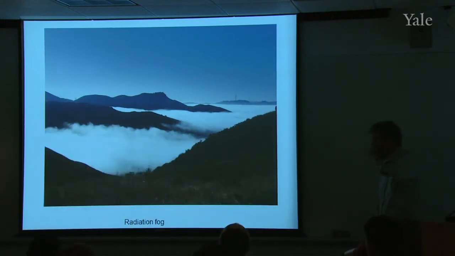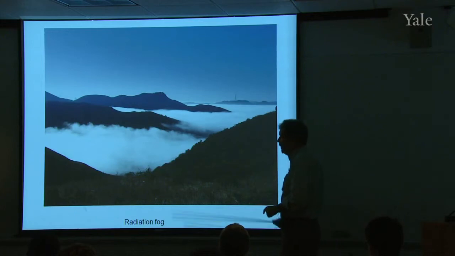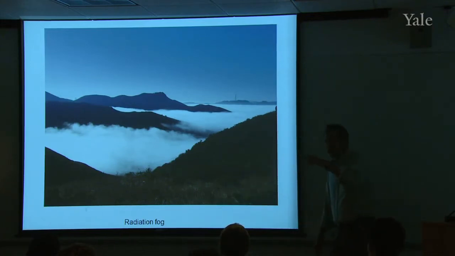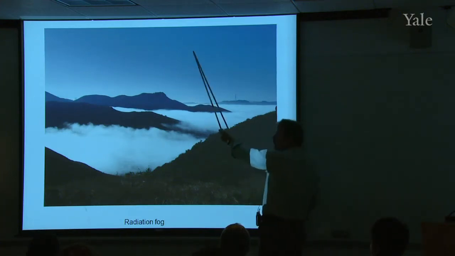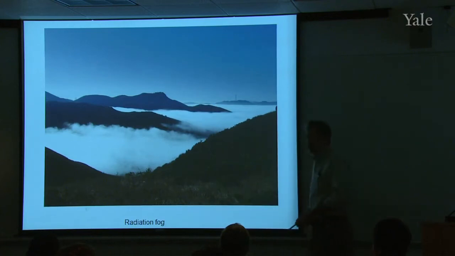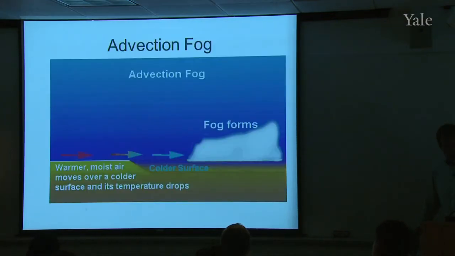I've seen it many times, but I've seen it even more frequently in slightly hilly country where the cold air runs down into the valley and the fog is found most dense, most thick down in that valley. But it's still radiation fog. Notice the clear sky above, which is usually when you get a good strong case of radiation fog, because there are no clouds above overnight.